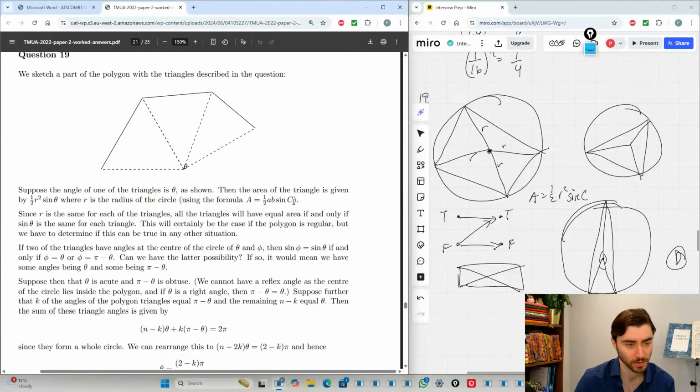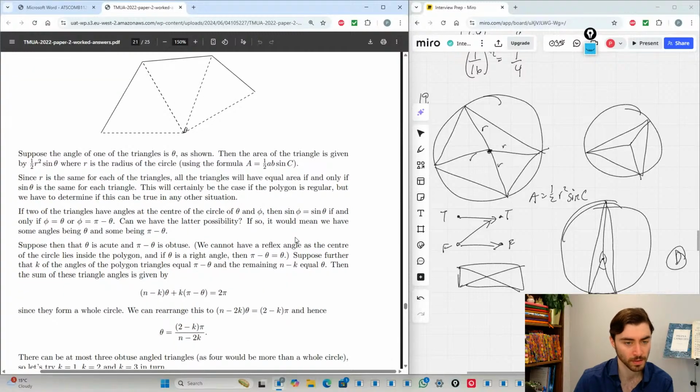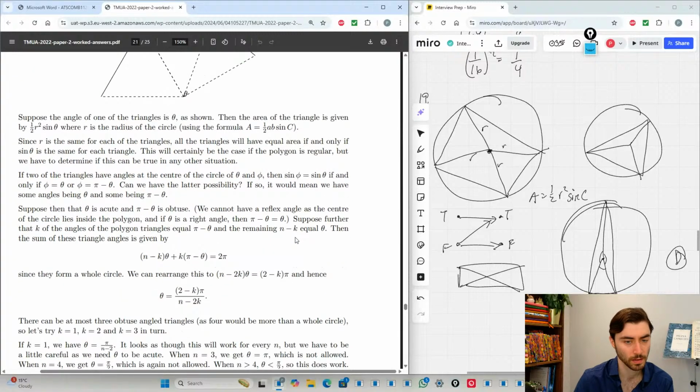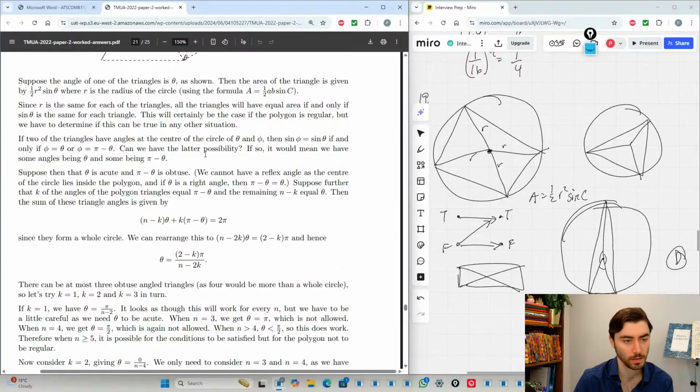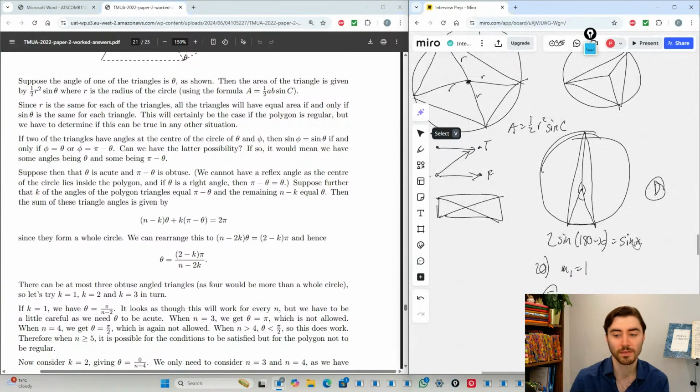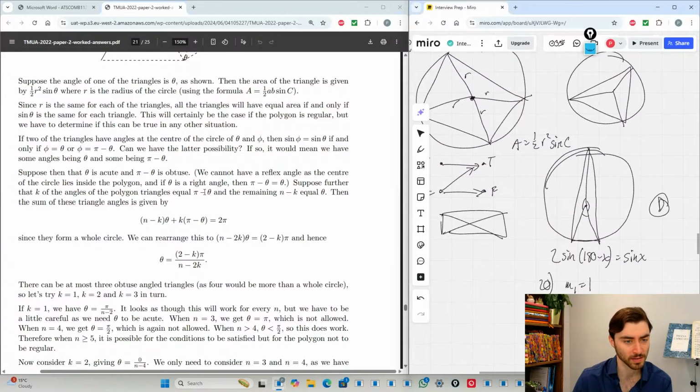So that is definitely true. All the triangles will have equal area if and only if sine theta is the same. So this idea of the x and the 180 minus x was still true.